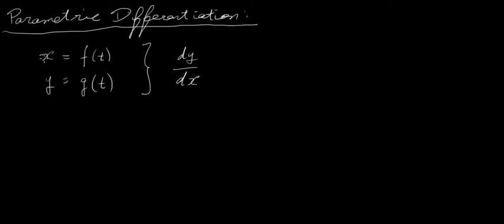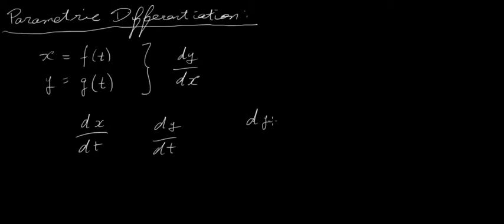Well, what we do is we differentiate x with respect to t first. So we find dx dt, then we find dy dt. In order to find dy dx, you can see y is on the top here, x is on the top here.